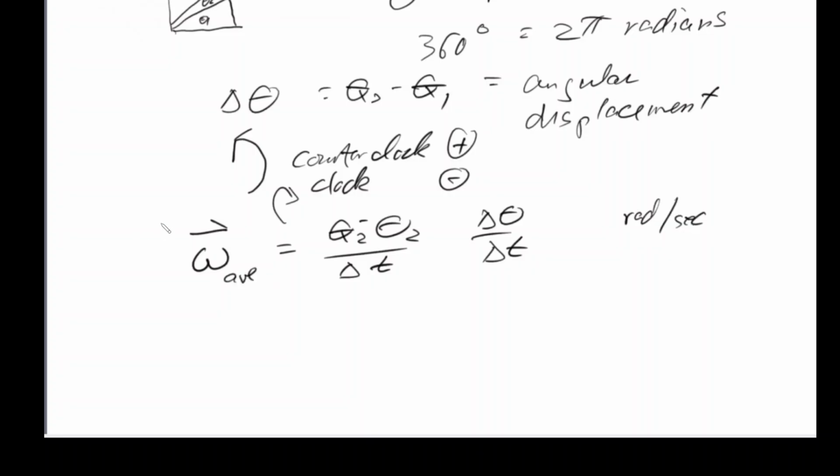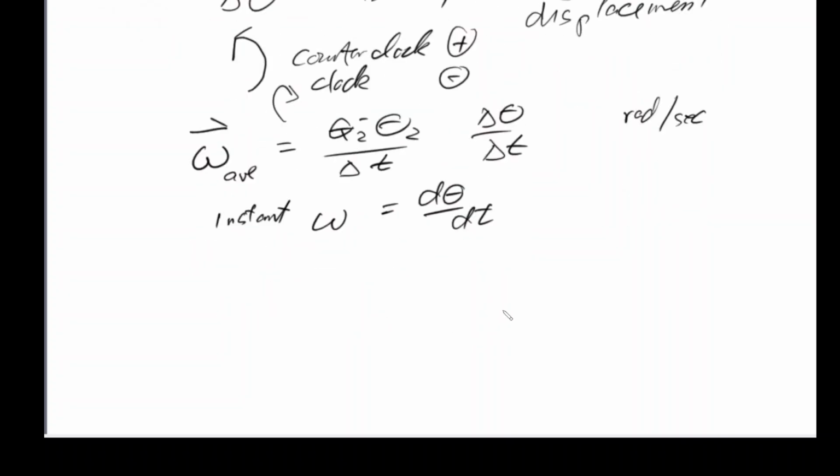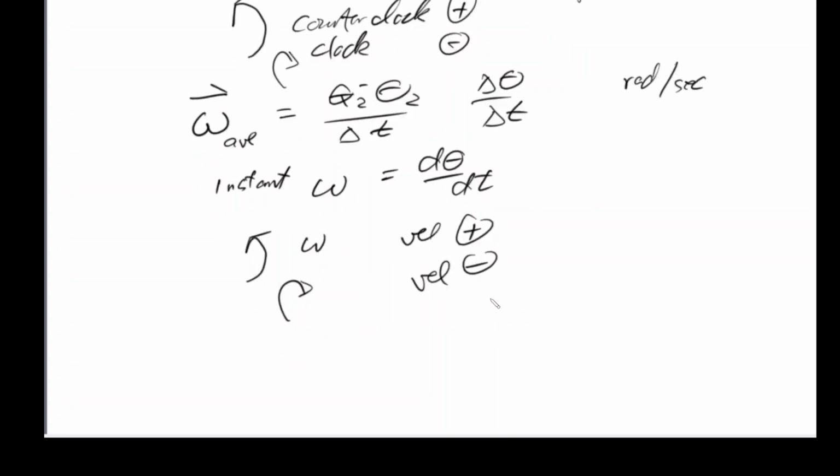That's the rate it's moving around the circle. If we want our instantaneous omega, that's equal to d theta dt. And again, if omega is moving counterclockwise, then the velocity is positive. If it's moving clockwise, then the angular velocity is negative.